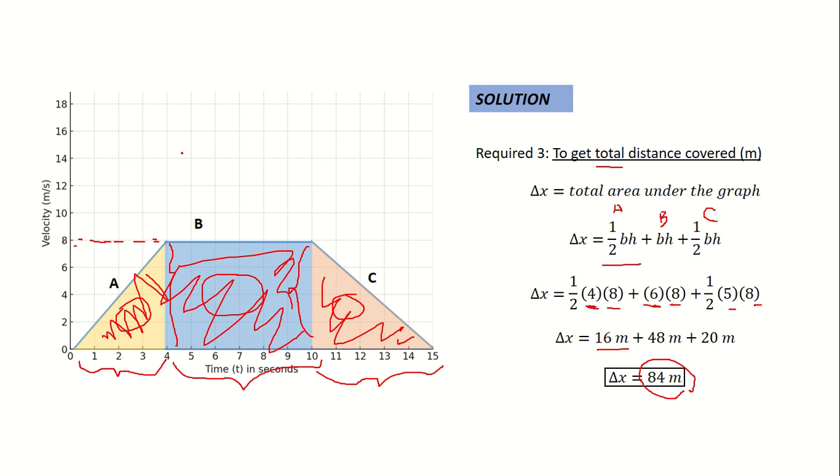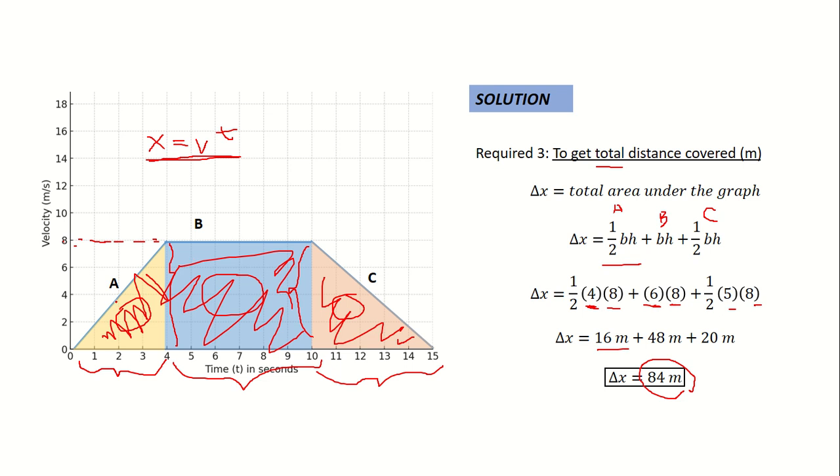You cannot just use displacement or distance equal to v times t, because remember this can only be used if the speed is constant. If the speed is constant, just multiply that speed times time, and you can get the total distance covered by the object.